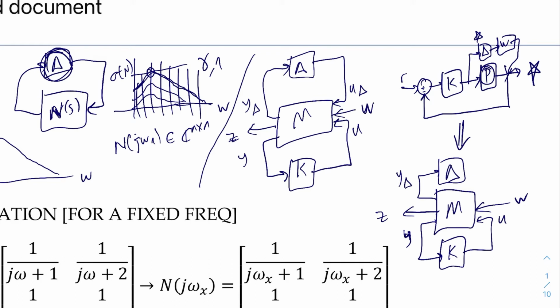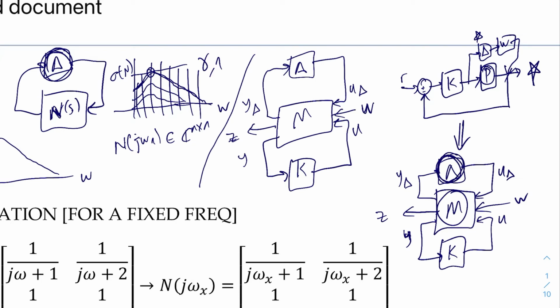This is like Y delta, and U delta. So now the problem is similar to H infinity. However, we are also incorporating the uncertainty information into the problem. And the problem is this: design such K such that, considering M and also considering the structure, it is not like full.